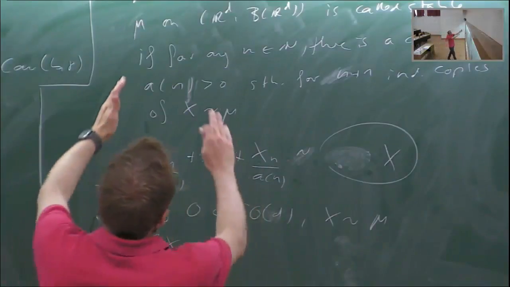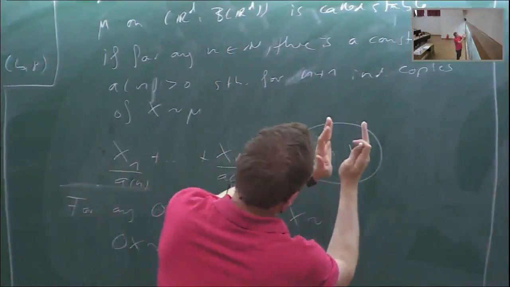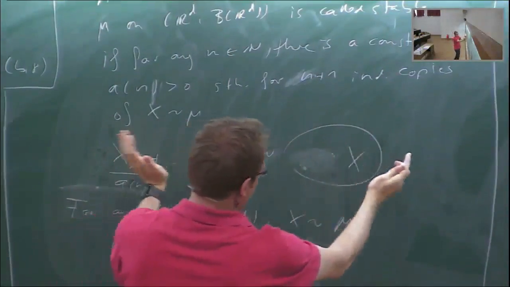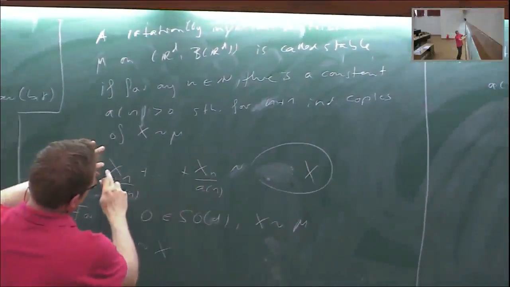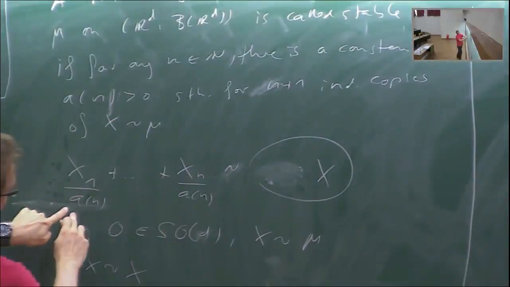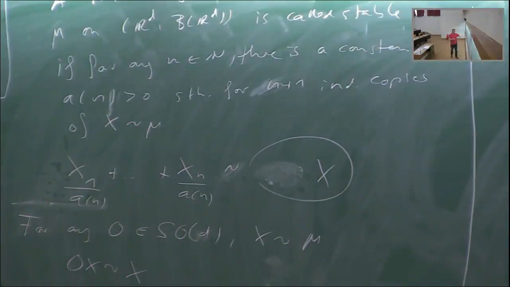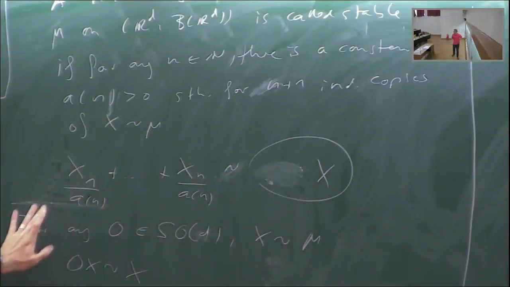So, rotationally invariant means that we have n plus 1 copies. The first ones are independent. So we can sum up these copies, and we can scale them all at the same time, such that we get back the original distribution. This is the original thing.